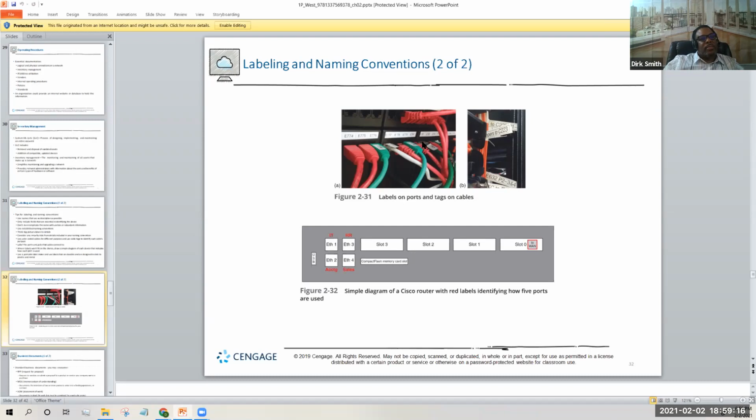Sometimes they even do color coordination with the different types of cables, where red could be a certain type of computer or workstation, and green could be something else, or it could be a type of cable, like Cat 6, Cat 5 versus Cat 4, or data or phone cables. So there are different schemes, but in your data center, they will come up with the naming convention, and you guys will go from there.